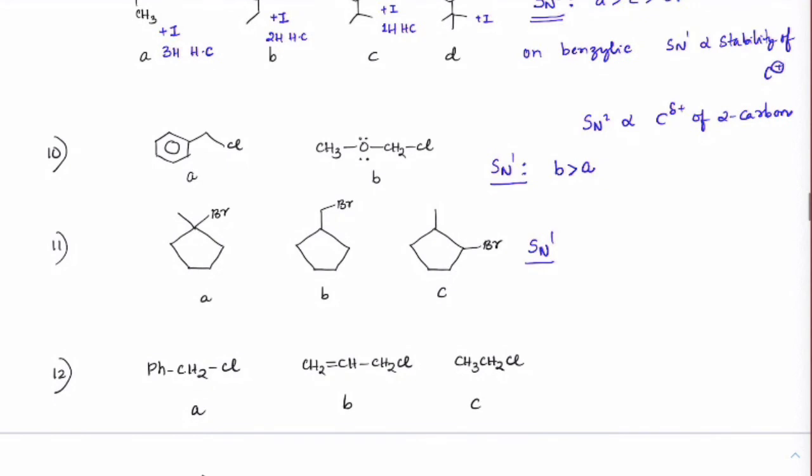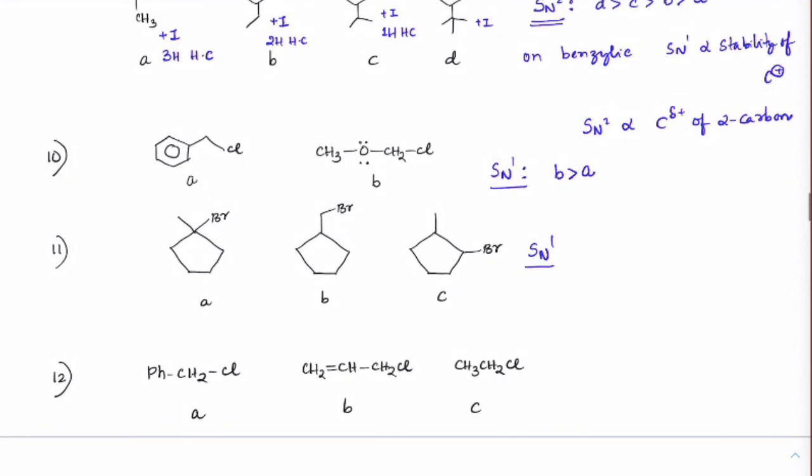So first formation of carbocation is very important. Whether the first formation of carbocation is more stable or not is what you have to judge. So if you can see, this is forming at tertiary, this is forming as primary, this is forming at secondary. So 3 degree is always more favored in terms of rate. So you can say A is better than C, better than B.